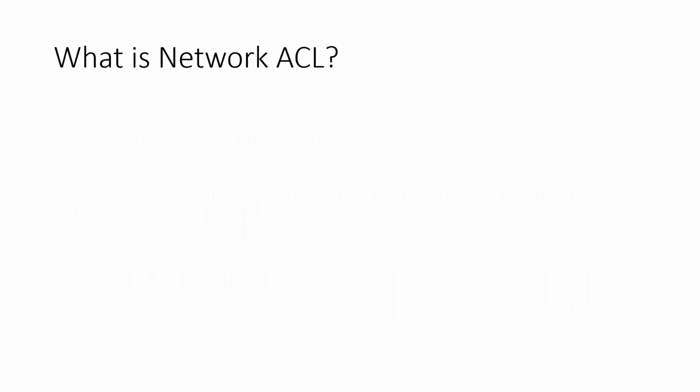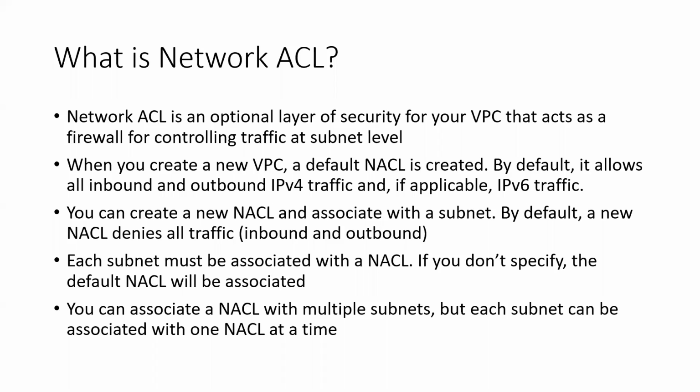Venkat, yes. If we go back to the previous slide and the second point, when you create a VPC, the default NACL will be created, right? At that point, would it be associated with both subnets by default? So when you create a new custom VPC, do subnets get created? No. Exactly. At this point, subnets will not be created.